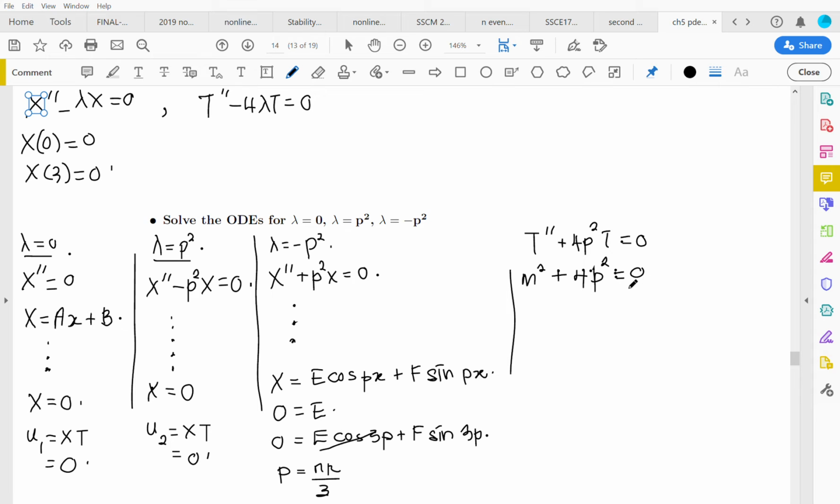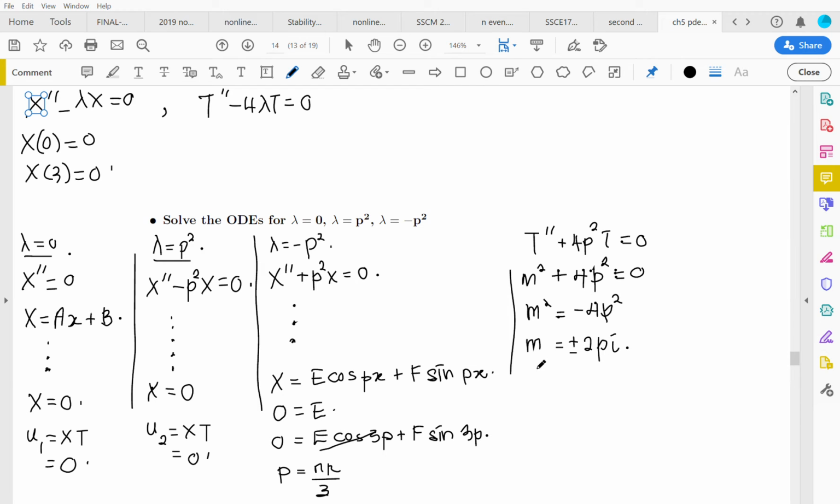This actually becomes complex roots, m squared equal to negative 4p squared. So the negative square root becomes plus minus i. The square root of 4p squared, square root of 4 is 2, square root of p squared becomes p. So we have plus minus 2pi.